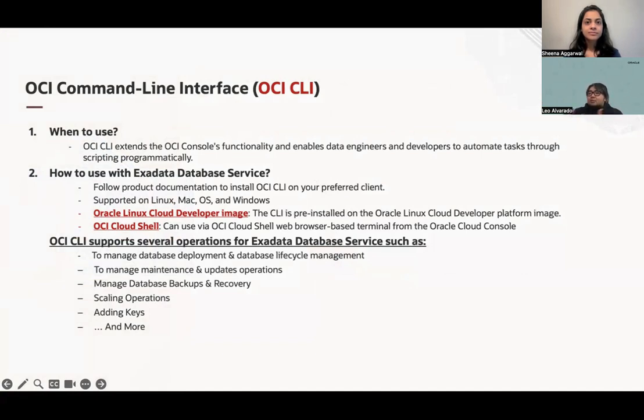OCI CLI is supported on Linux, Mac OS, and Windows. Or you can use the OCI CLI via the Cloud Shell, which is a web browser based terminal from your OCI console. You can simply launch the OCI Cloud Shell, and that comes with the OCI CLI pre-installed.